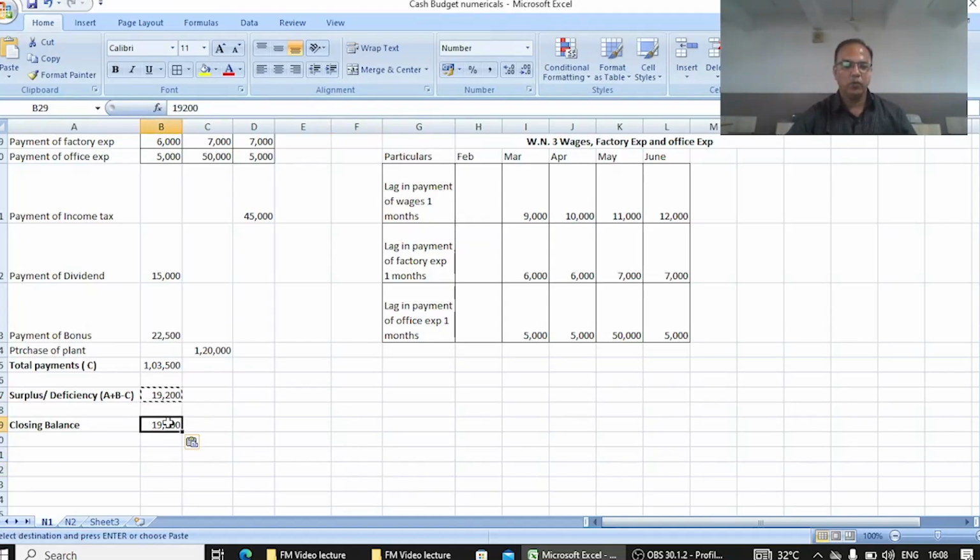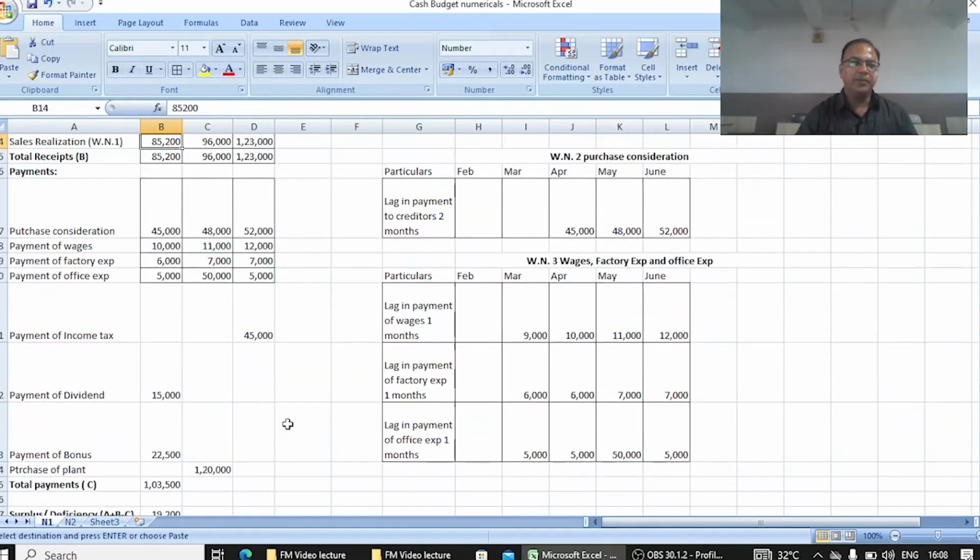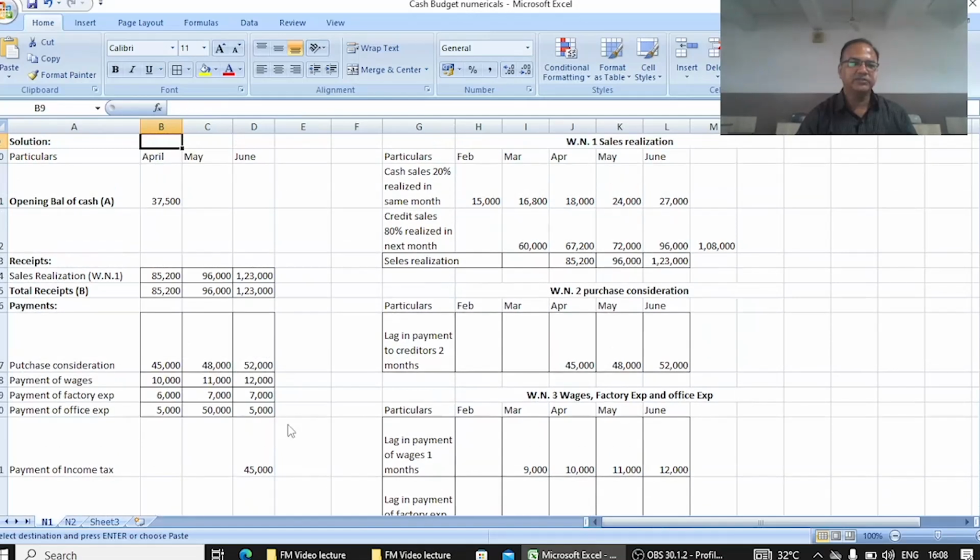Now, this figure 19,200 will be opening balance for next month. Here we will write opening balance of cash. So I think it's clear closing balance of April will be considered opening balance of May.